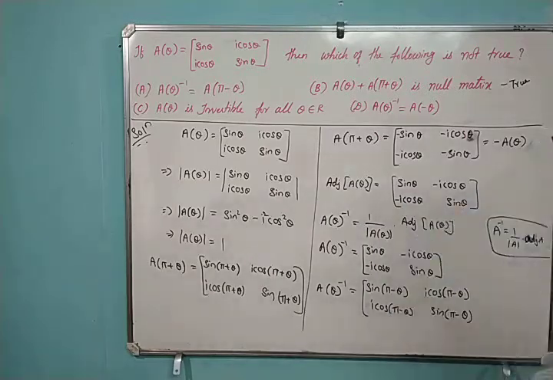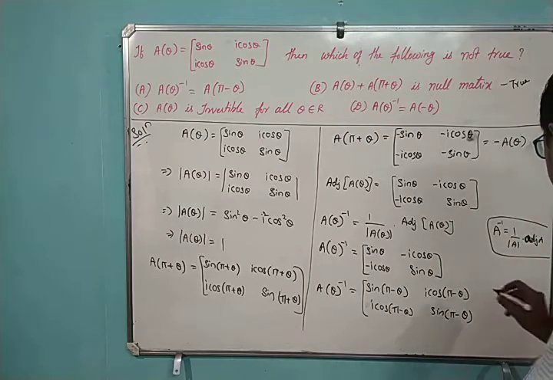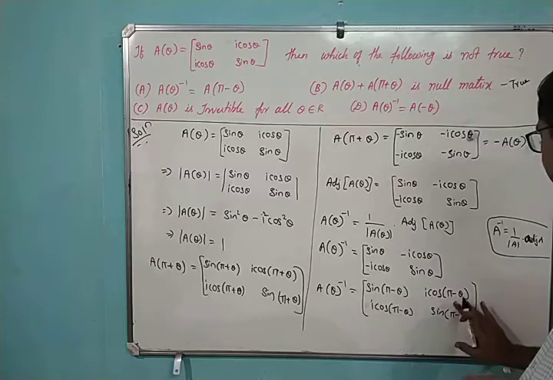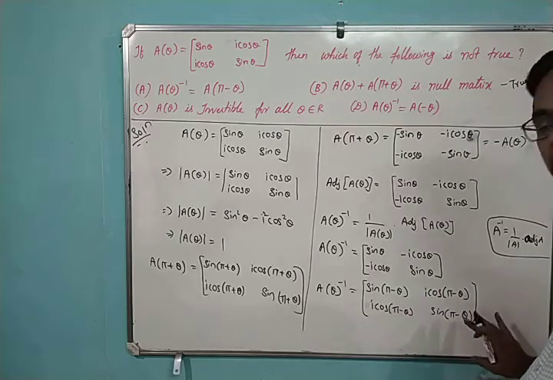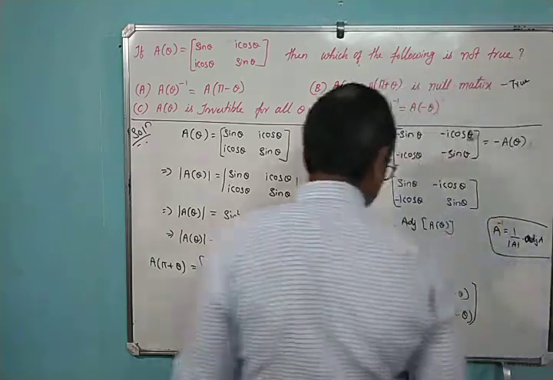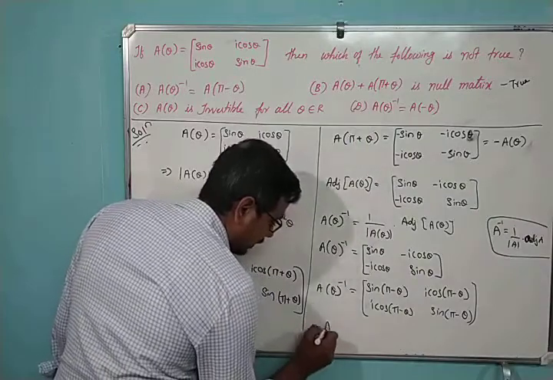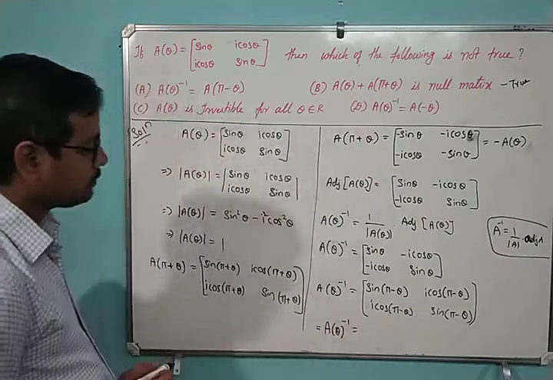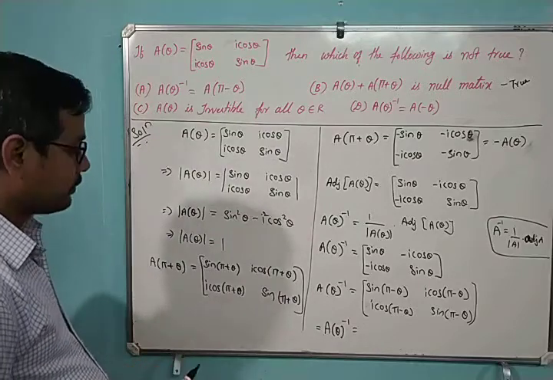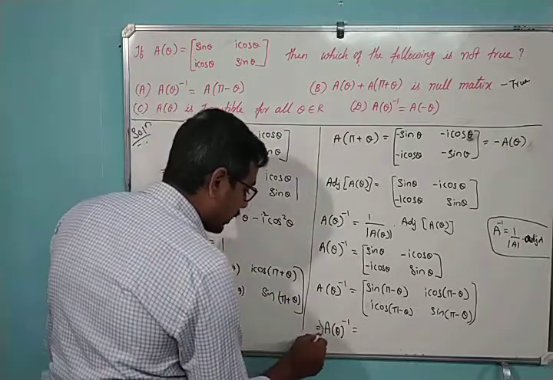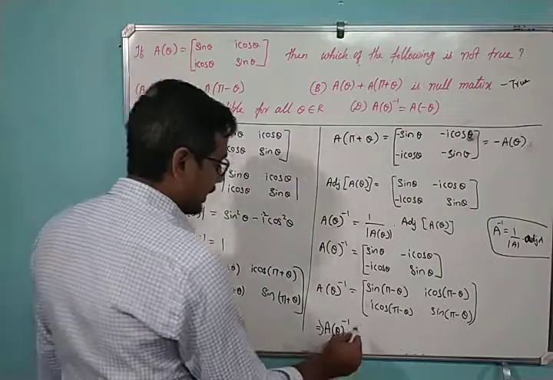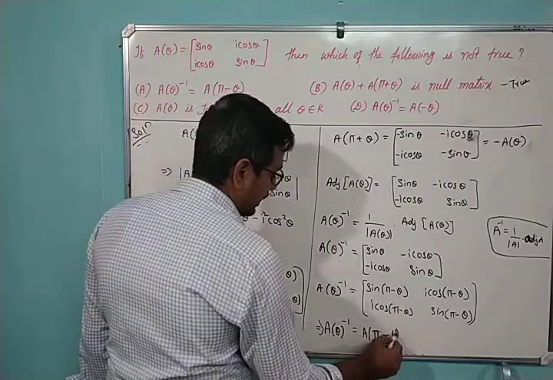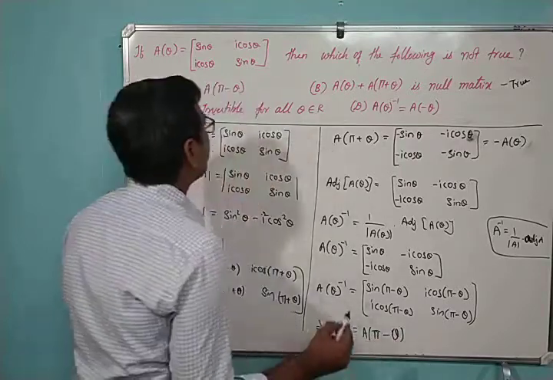So this is how it has to be written. Now this sine of pi minus theta, cos of pi minus theta, cos of pi minus theta, and sine of pi minus theta is nothing but A of pi minus theta.